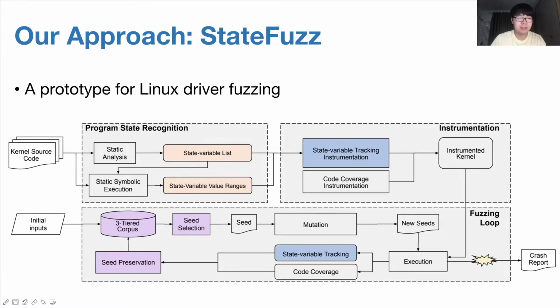Then the instrumentation stage instruments the target program to track the program state coverage, along with code coverage. In the fuzzing loop stage, we extended the fuzzing loop of code coverage guided fuzzers by applying the program state feedback to seed preservation and seed selection.